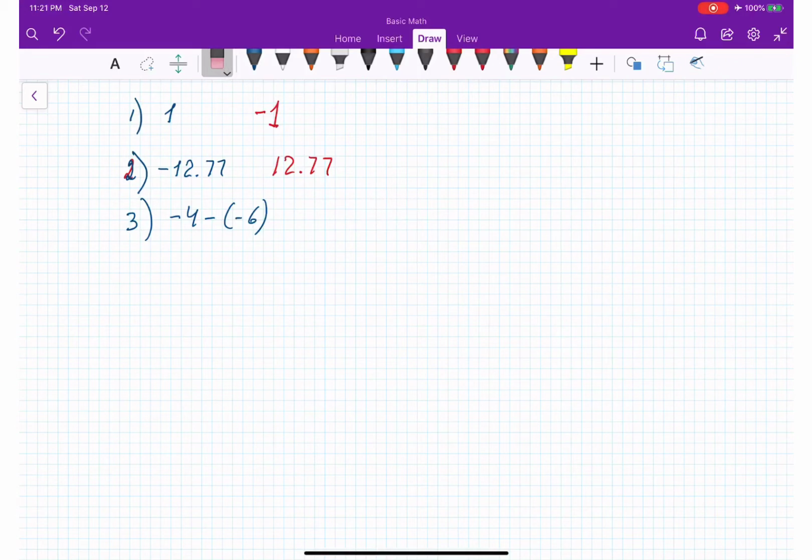Let me write down the opposite of -6, which is going to be +6, and then add it to -4.